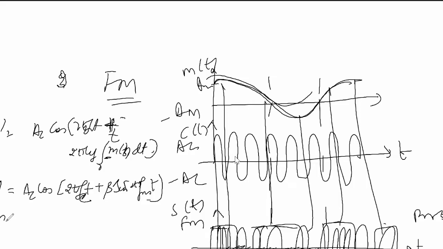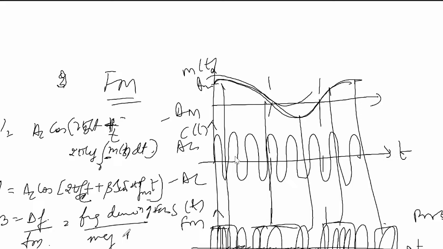Here beta is the modulation index of FM, which is expressed as Δf by fm. Δf is the frequency deviation of FM, and fm is the message frequency. This expression of Δf and beta we get out of derivation. You replace m(t) by Am cos(2π fm t), the single tone message signal. When you integrate Am cos(2π fm t), the integration of cos will give us sine.